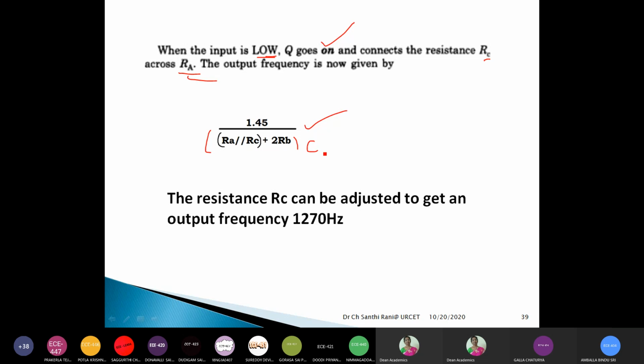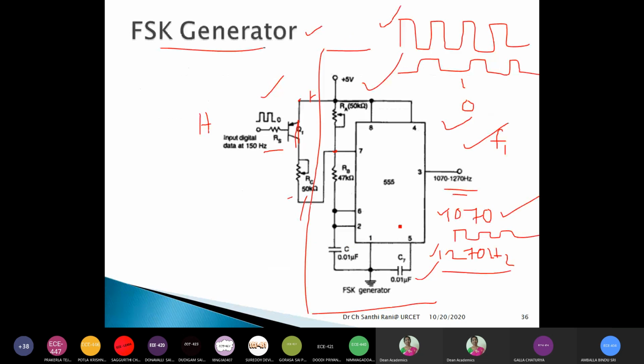So like that, the frequency can be adjusted. That means if you adjust this resistance RC, you can get the next frequency, 1270. Initially, when all this is not present, it is like an ordinary Astable multivibrator, and we get 1070 hertz because we have selected RA, RB, and RC in such a way to generate F equal to 1070.